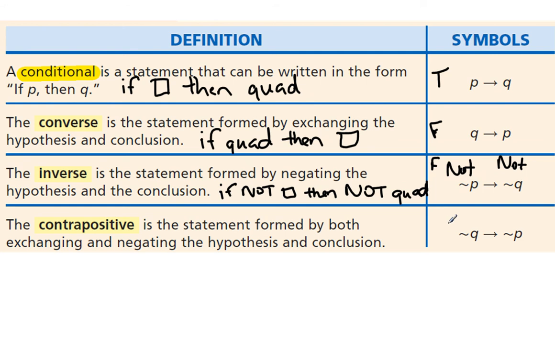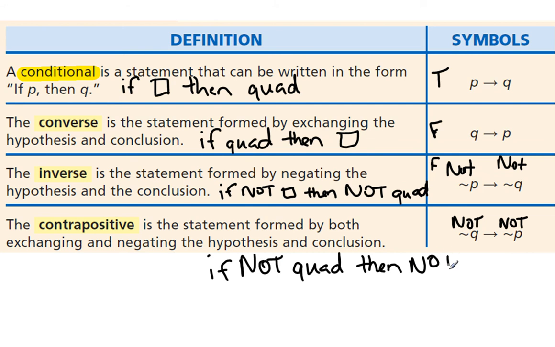Right? And then our contrapositive, getting extra fancy, is like the converse only flipped around and made more negative. So remember we started with if P then Q. We're going to switch the order around, so now it's Q then P, and then we're going to say both of these are not true. Okay? So in this example, now we're looking at if a shape is not a quadrilateral, then it is not a square.